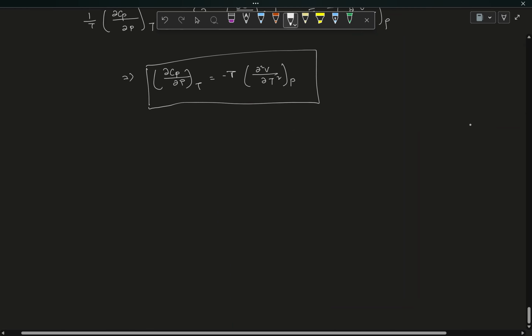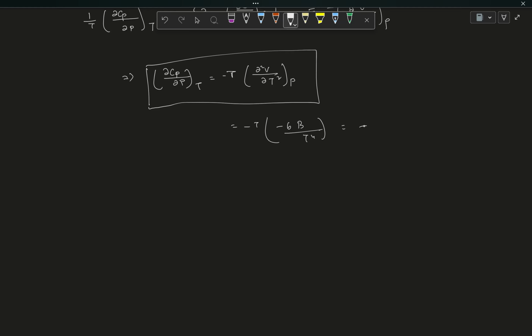So that is minus T times minus 6B by T to the power 4, which is plus 6B by T cubed. So you get that del Cp del P at T constant is proportional to T to the power minus 3. This is your final answer and this is your option number D.